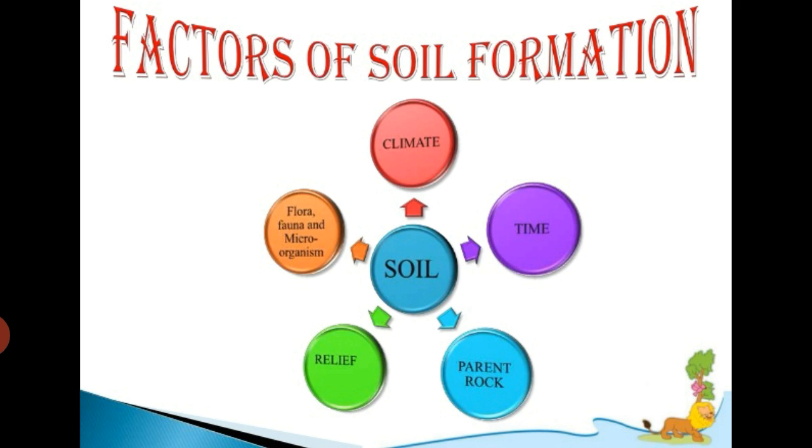Temperature, rainfall, humidity, and the rate of weathering affect the quality of the soil, and the quality of the soil affects the growth of plants or agriculture in a region. So these are the five factors that affect soil formation.